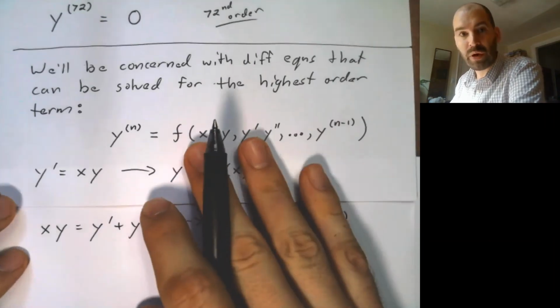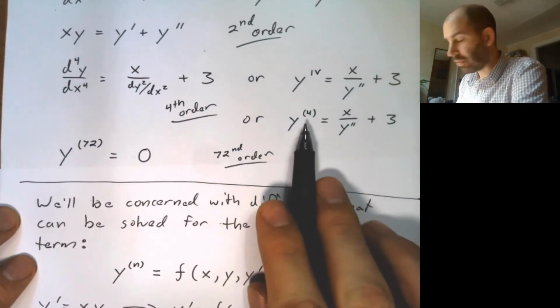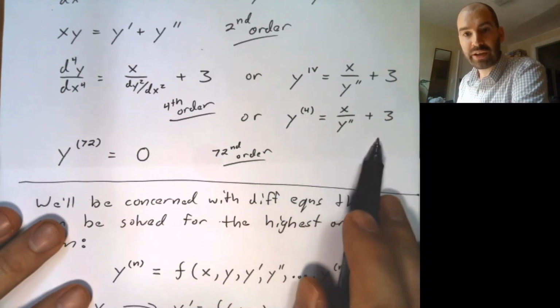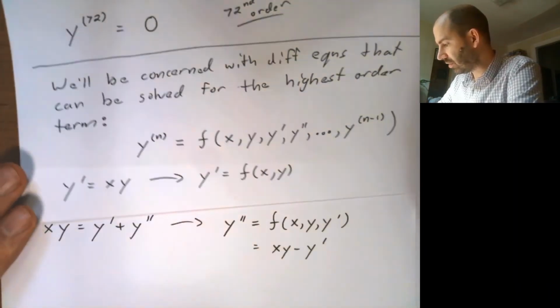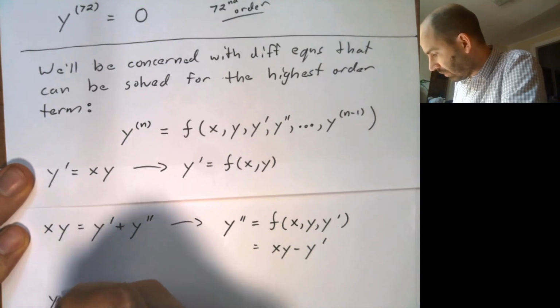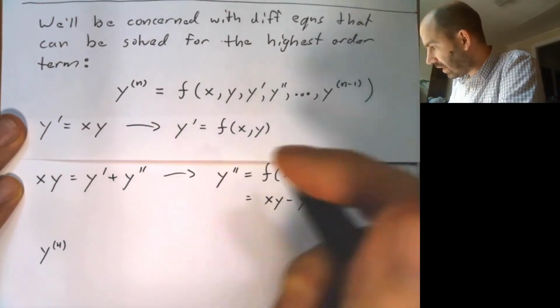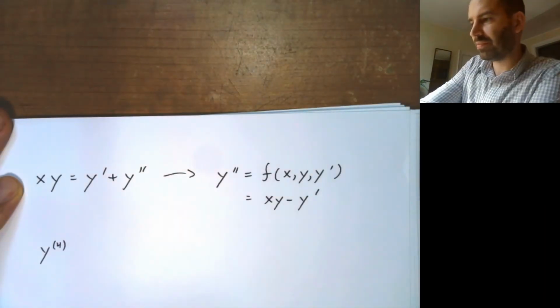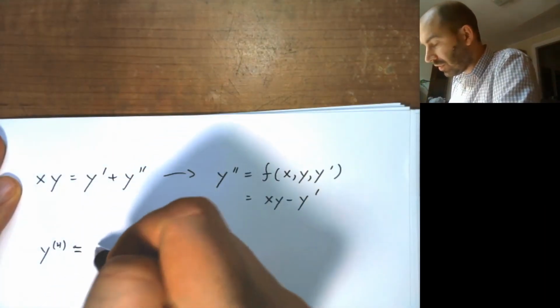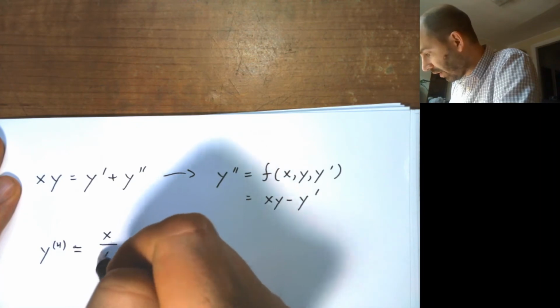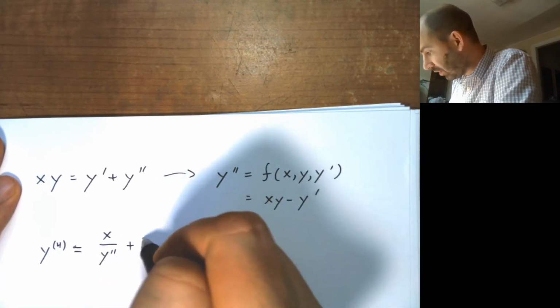And let's just do one more here. Let's just do this one with the fourth derivative. So I'll write it down like this. All right, so we have the fourth derivative of y equals x over y double prime plus 3.